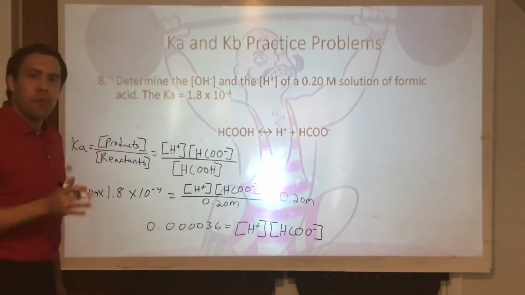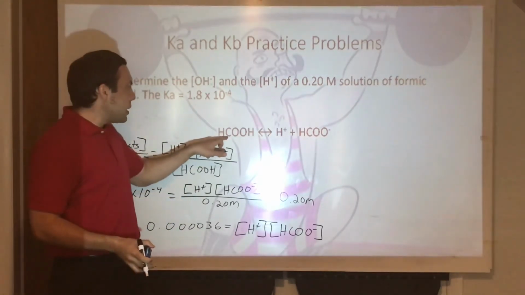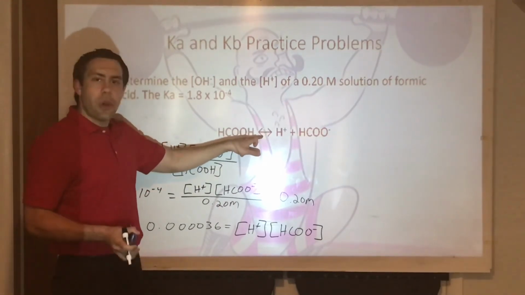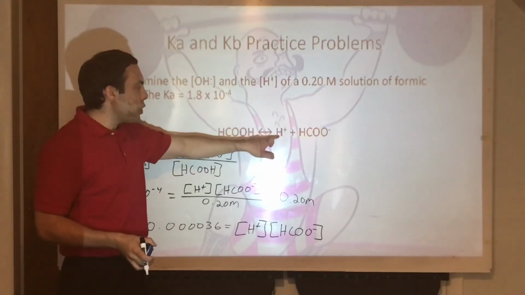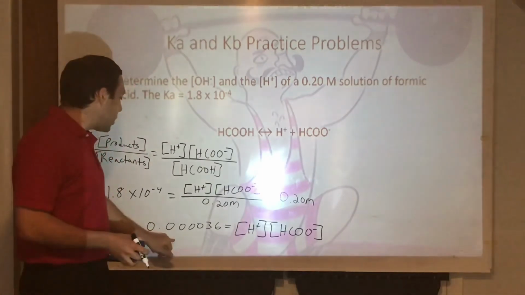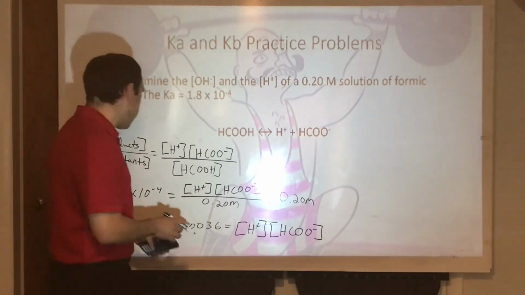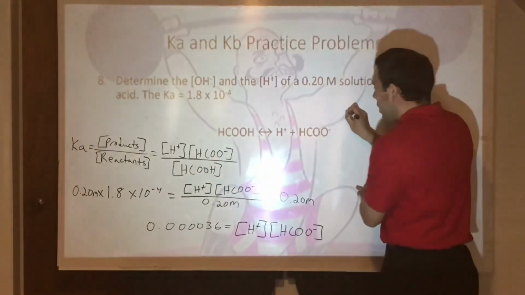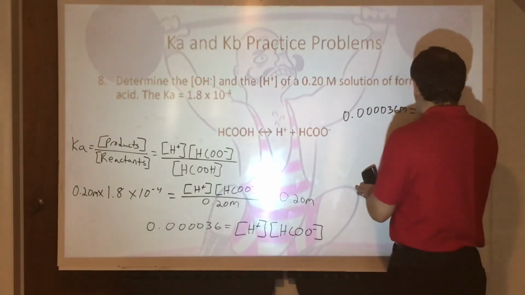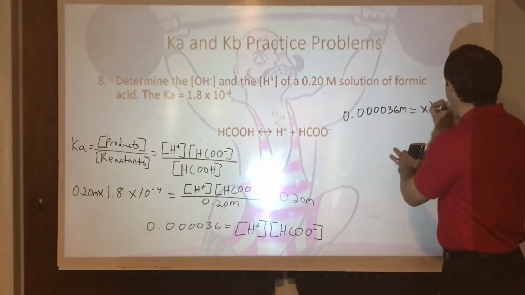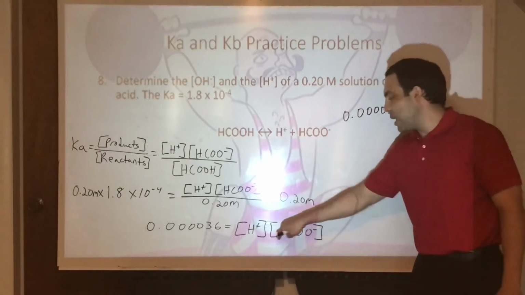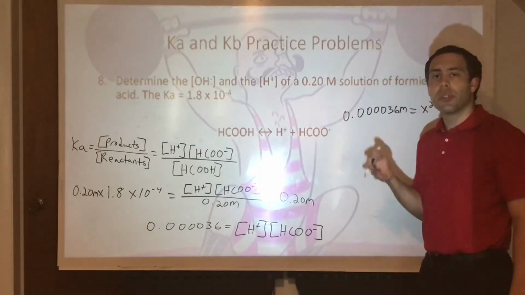Now remember from before, since the HCOOH is dissociating, it's going to break up into equal concentrations of H plus and HCOO minus. So what we can do is take this number, 0.000036 molar, and make that equal to x squared. Because once again, these two will be equal, and anything times itself is that number squared.